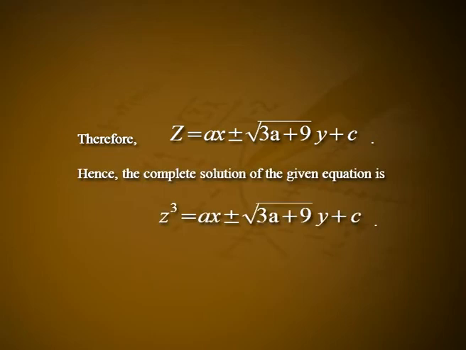Therefore, z equals ax plus or minus square root of 3a plus 9 into y plus c. Hence, the complete solution of the given equation is z cube equals ax plus or minus square root of 3a plus 9 into y plus c.